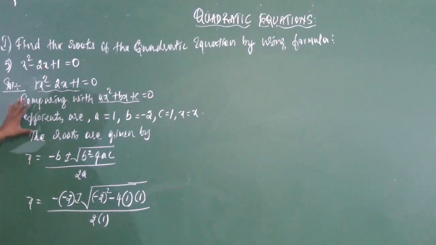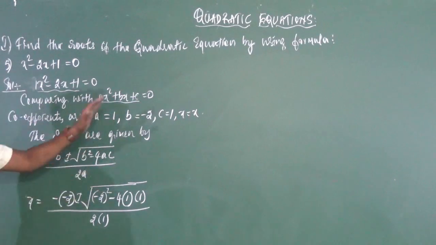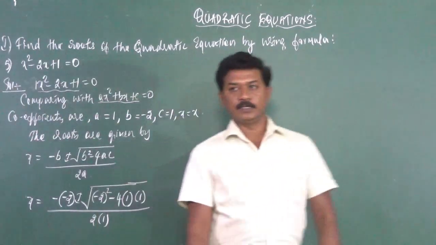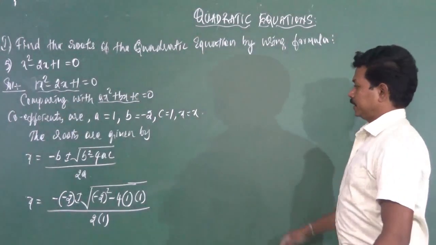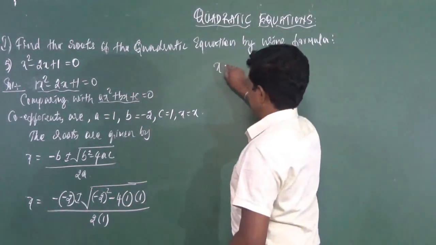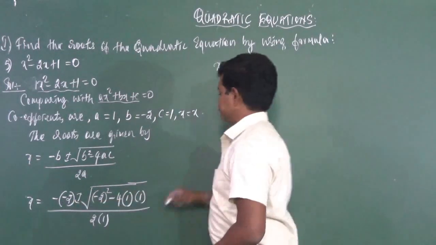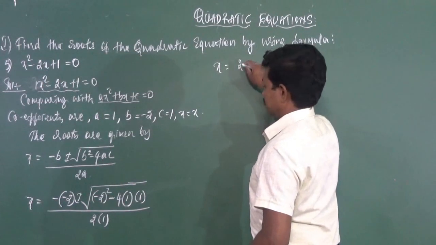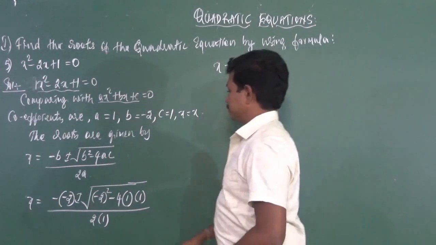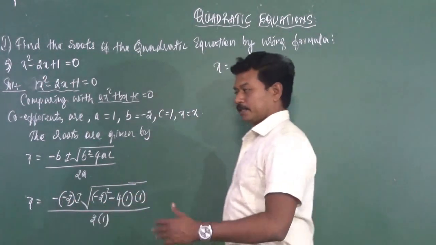Right. So this is collection of data, formula substitution, simplification, and then we will reach the solution. Right. Exactly. So x is equal to minus into minus 2, plus 2. Minus into minus 2 is plus 2. Okay.